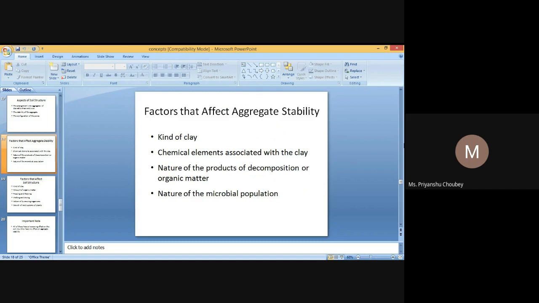The E horizon near the surface of a podzol is a good example of an eluvial horizon. The lower horizon receiving the material is the illuvial horizon, often a subsoil B horizon. This is the zone of maximum accumulation.